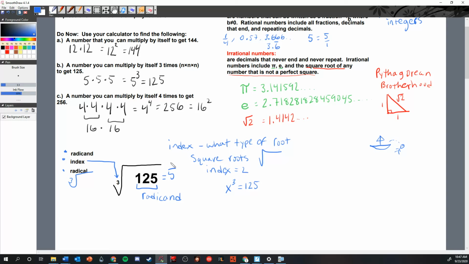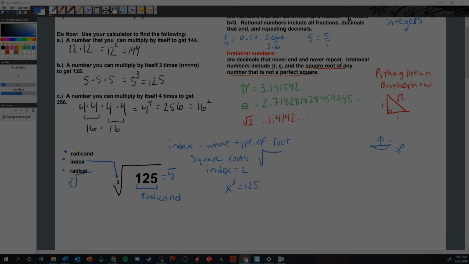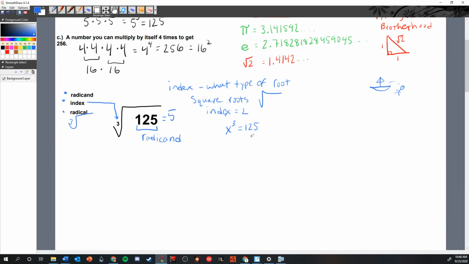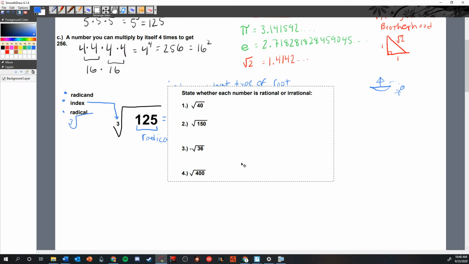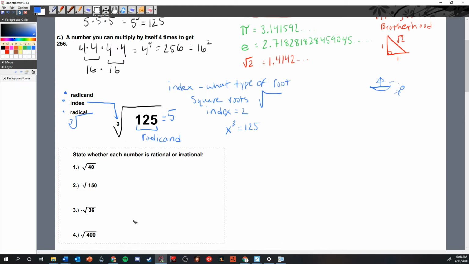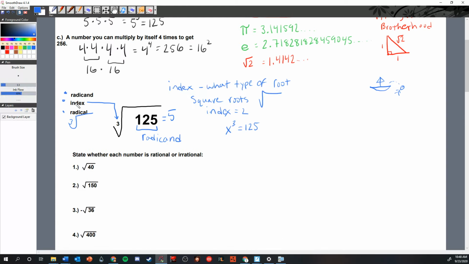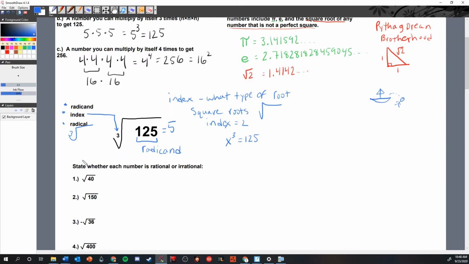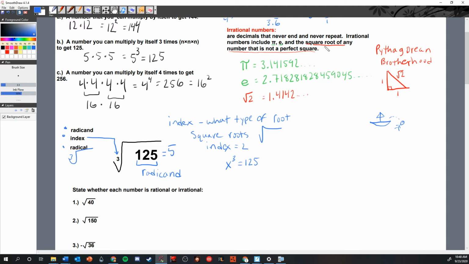All right, so let's look at some roots and see if we can prove, or state at least, which ones are rational and which ones are irrational. So remember, if you can't write the square root as a perfect square, if it doesn't come out perfectly, it's going to be irrational.